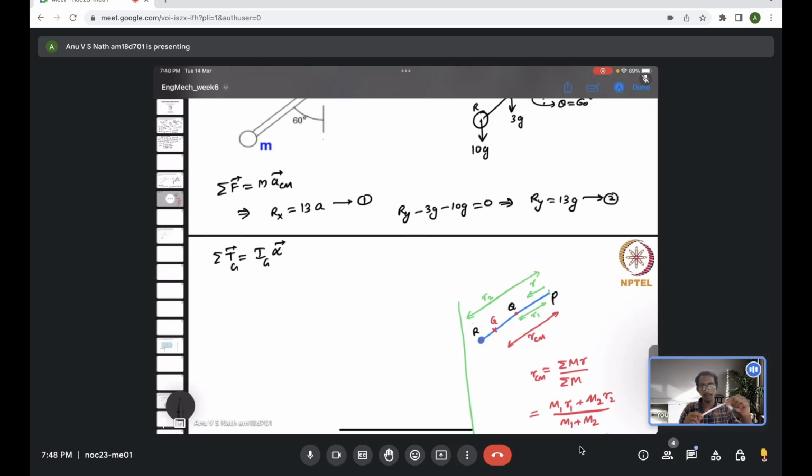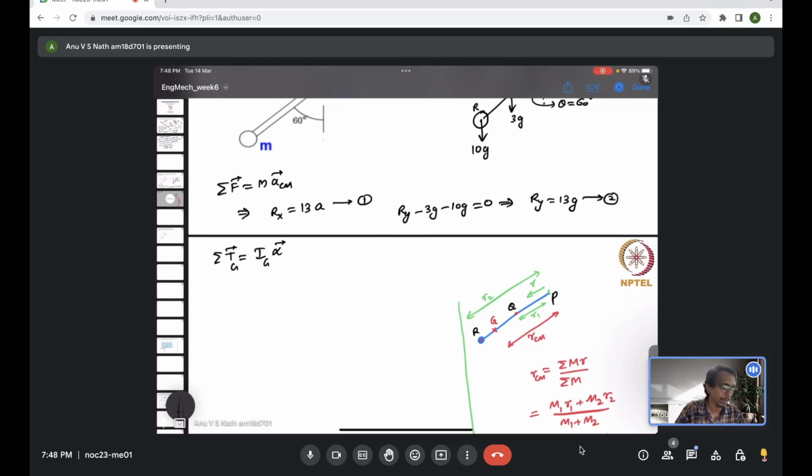In that equilibrium sense, initially it will have an angular acceleration, and then it will come to a particular angle and it will stop there. It will come to a dynamic equilibrium, but without an angular acceleration. It will be static at that location.